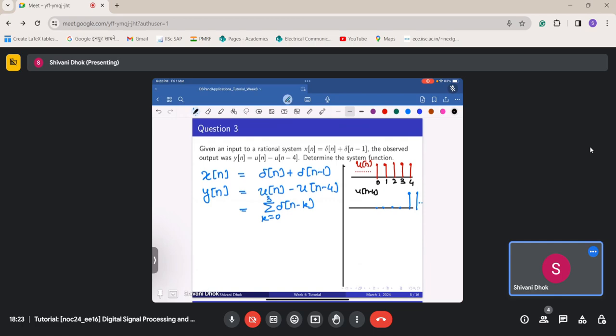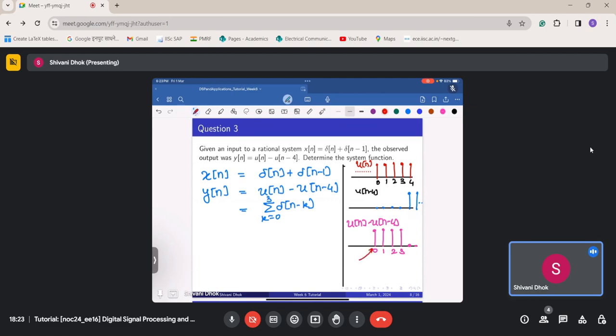So u of n minus u of n minus 4 will be 1 at 0, 1 at 1, 1 at 2, 1 at 3, and from 4 onwards both signals have the same value, so it will be 0 everywhere afterwards.